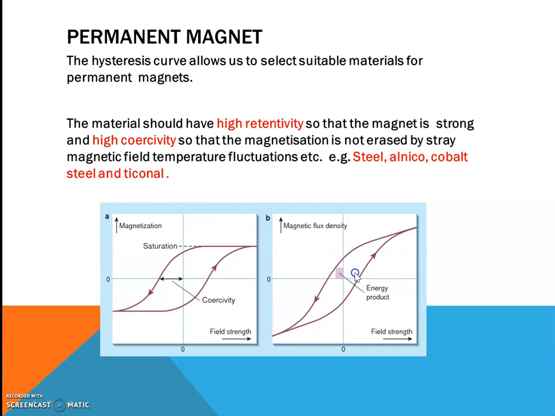While for making temporary magnet or electromagnet, this curve should be small. Retentivity should be small and coercivity should be small, so that when those materials are removed away from the magnetic field, their entire magnetism may disappear.